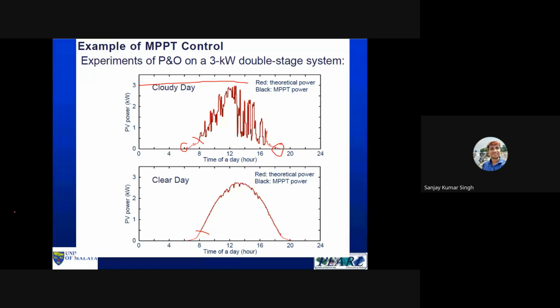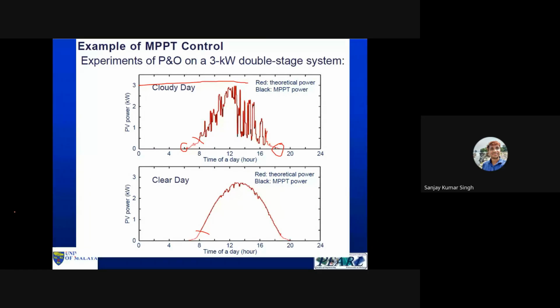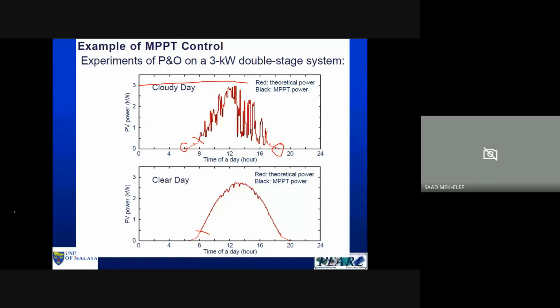MPPT control is an additional DC-DC converter which is located between the PV and the inverter. It is not part of the inverter. Okay, this is additional hardware, located between the PV panels and the inverter.